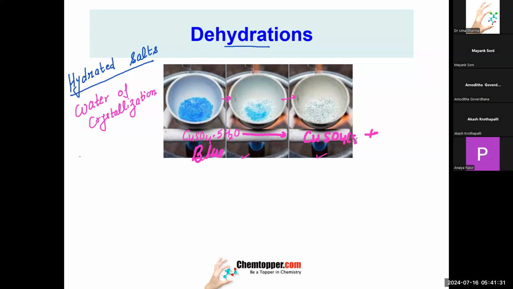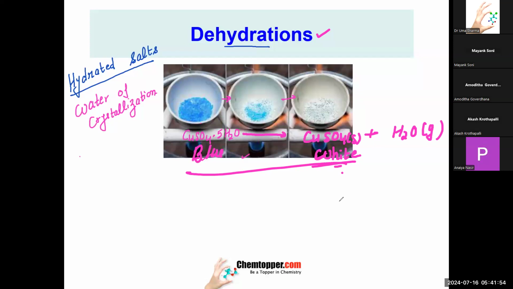This is the solid, and where is water? As vapors. This is white in color. What is this process called? Dehydration. So you can do dehydration by using heat.